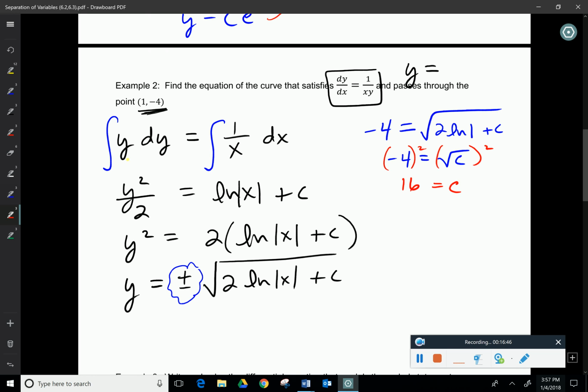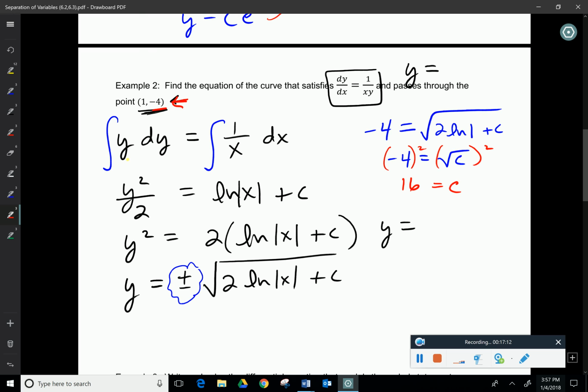Okay, so my actual equation that they are looking for would be y equals, okay, so now how do I know whether or not I want the plus or minus? Well, here's how I know. Look up here at my ordered pair. If the y has to be negative, and down here I'm saying y equals a plus or minus, well, what is y? Is y plus or is y minus?